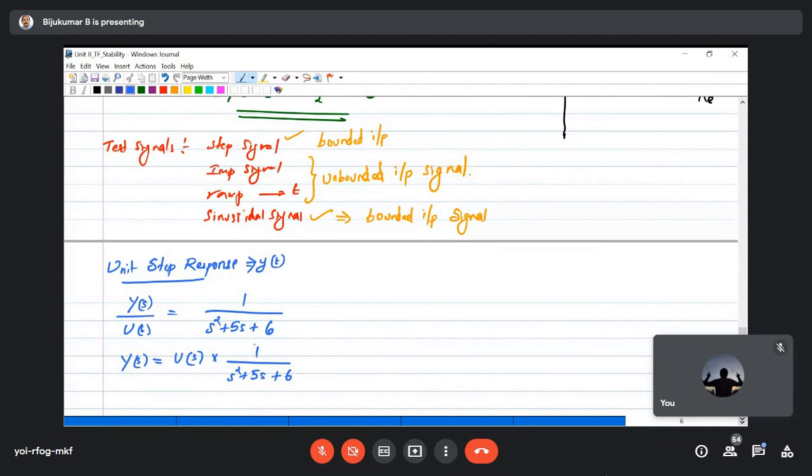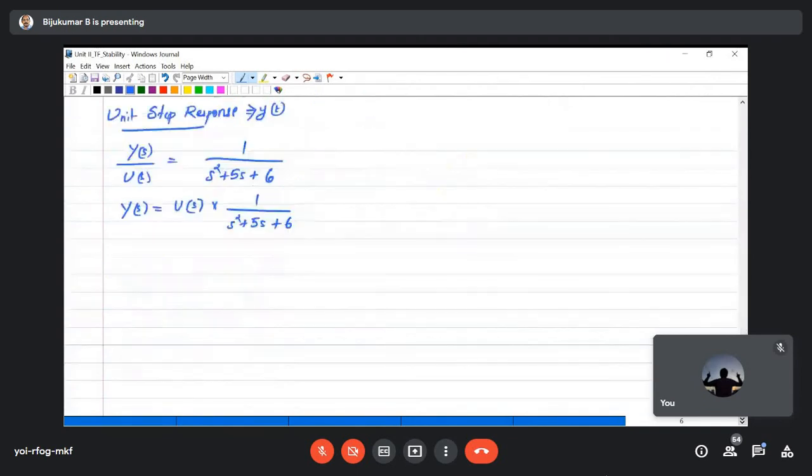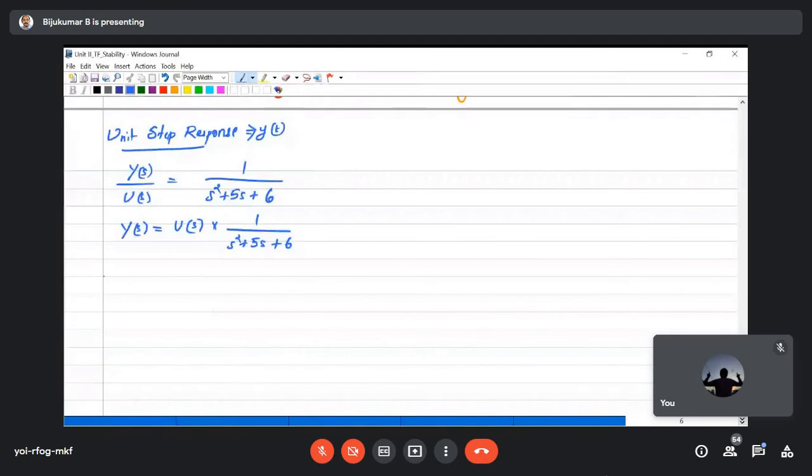So what is U(s)? Because our aim is to find the unit step response, our input is a unit step input. The Laplace transform of unit step input is 1/s.